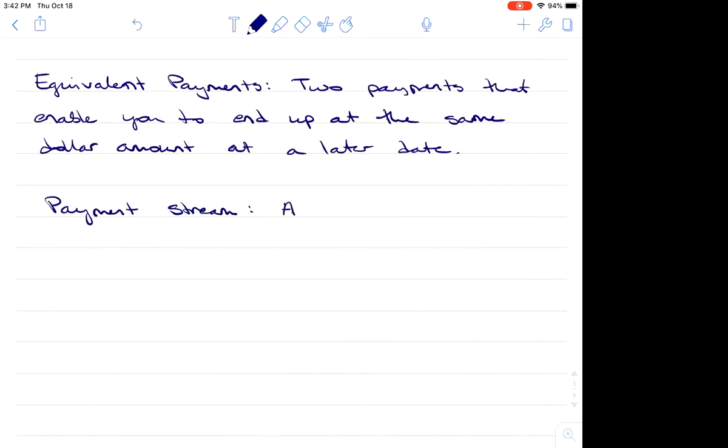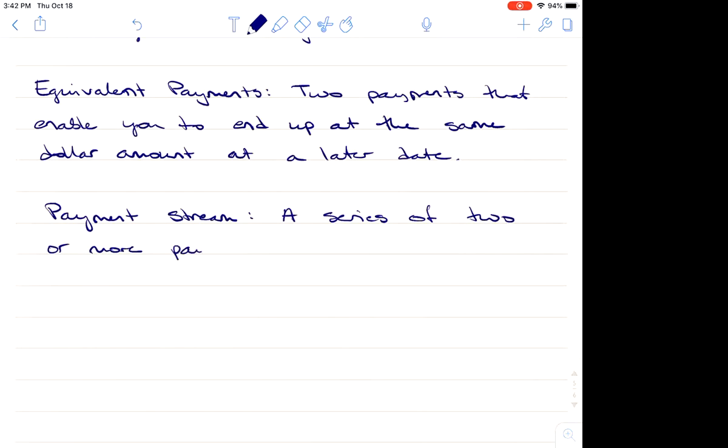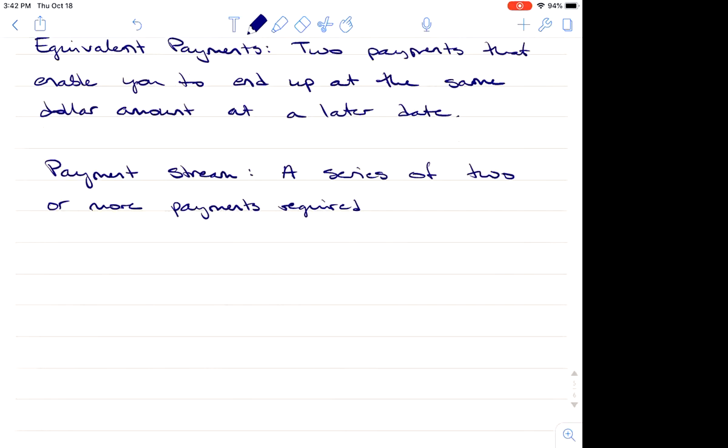A series of 2 or more payments required by a single transaction or contract.